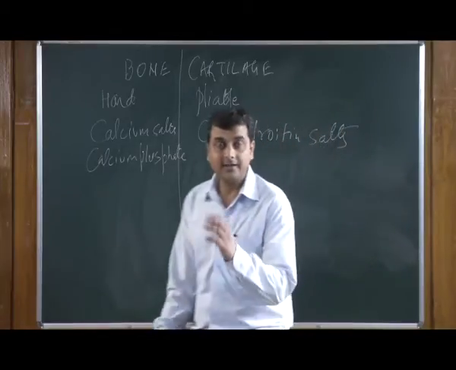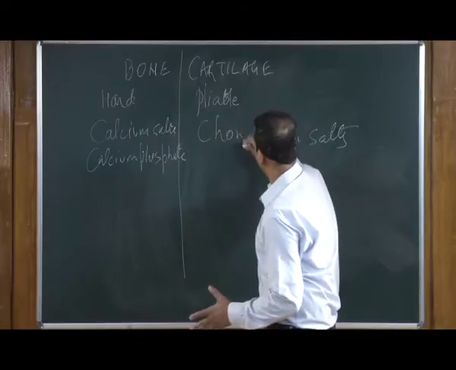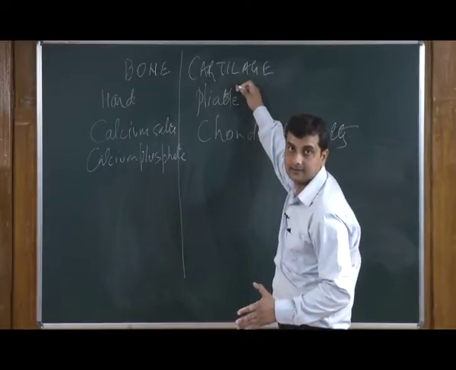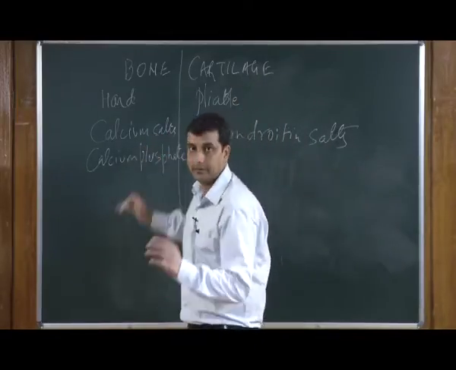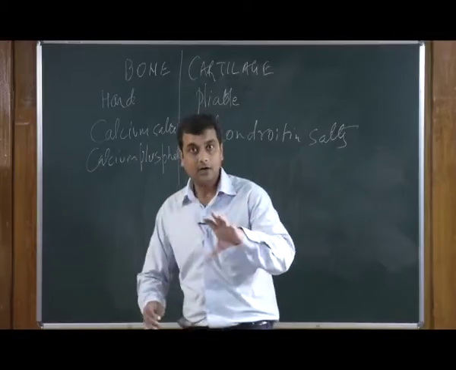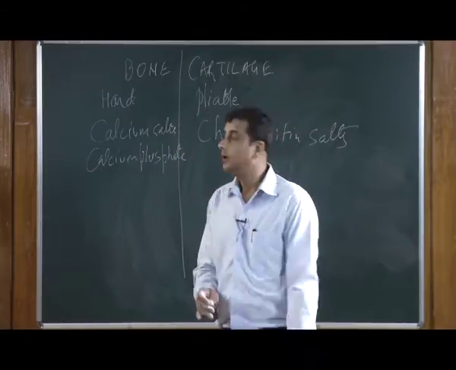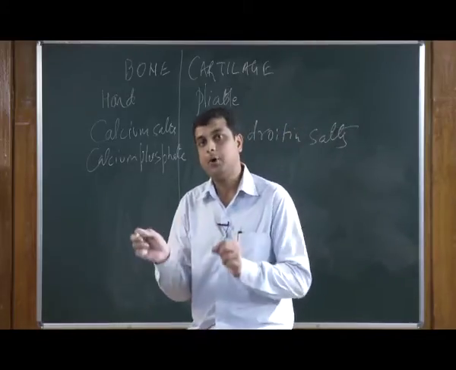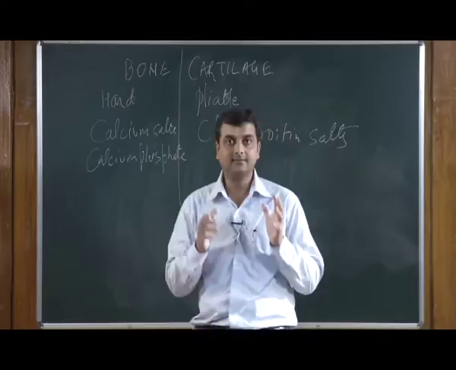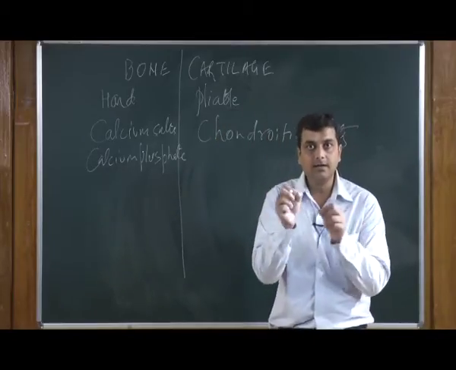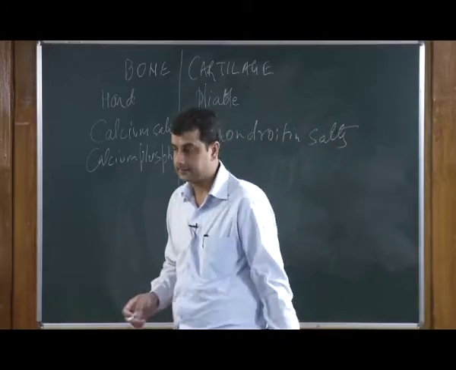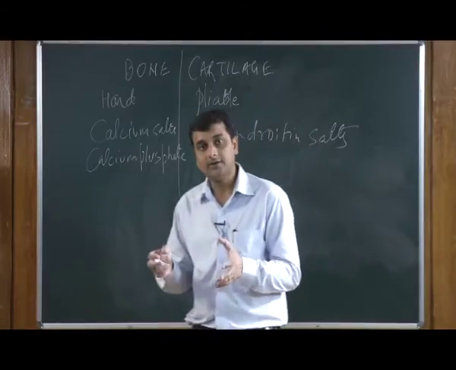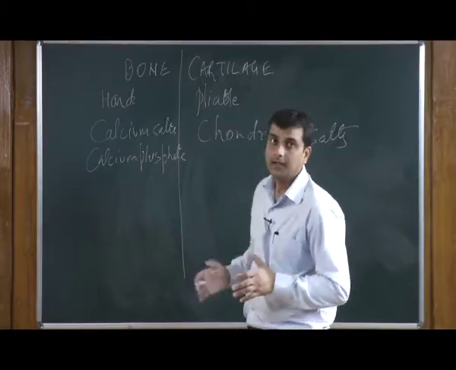So, the chondroitin salt is the one that makes the cartilage structure, while the calcium salt, particularly calcium phosphate, is the one which makes the bone hard. So, these are the two unique aspects of bony structure, the hardness and the pliability, and that is differentiating.